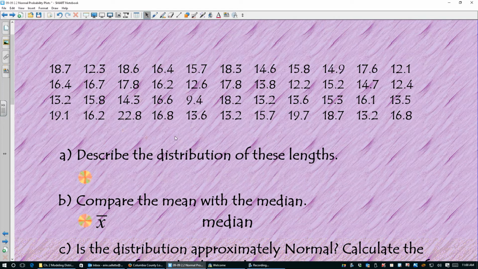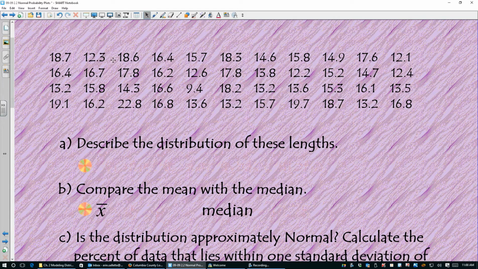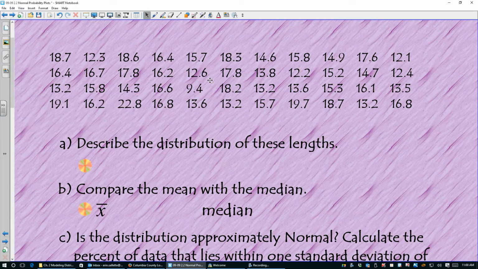Describe the distribution of these lengths. Well, what we can do is plot a histogram with our x values in a stat plot. You can plot your histogram in your calculator, and we see that it is symmetric and somewhat uniform.